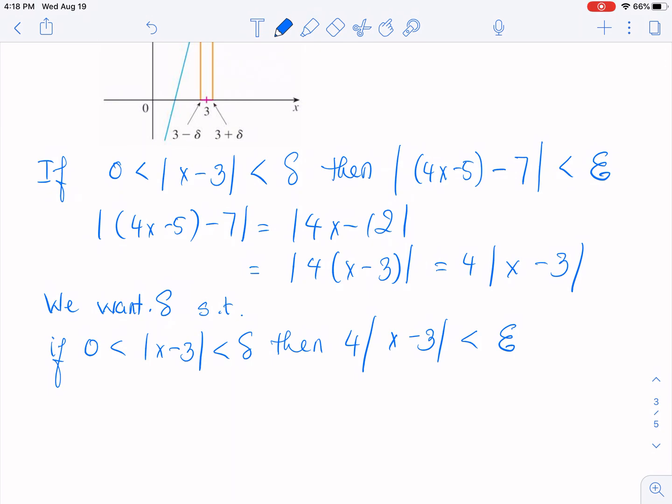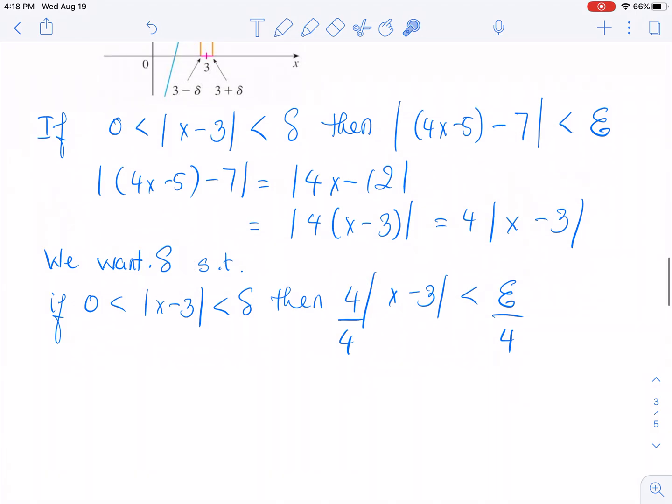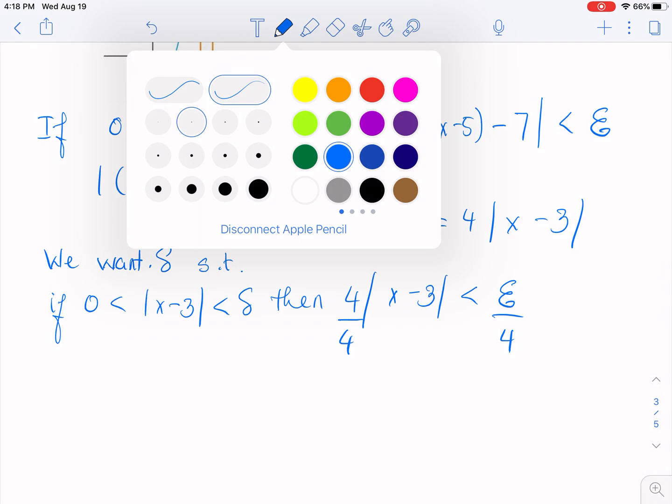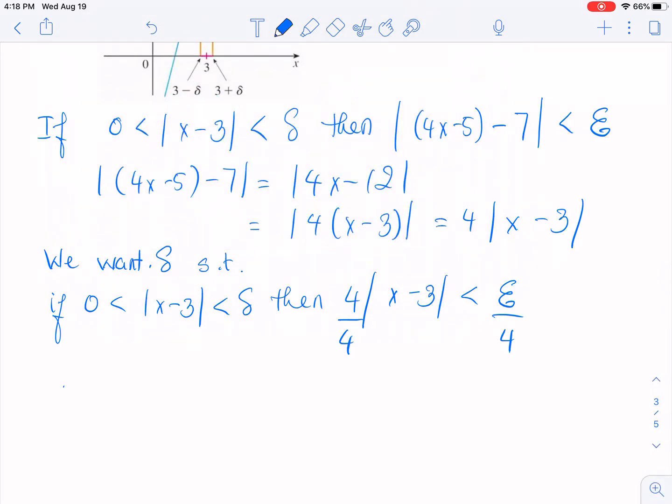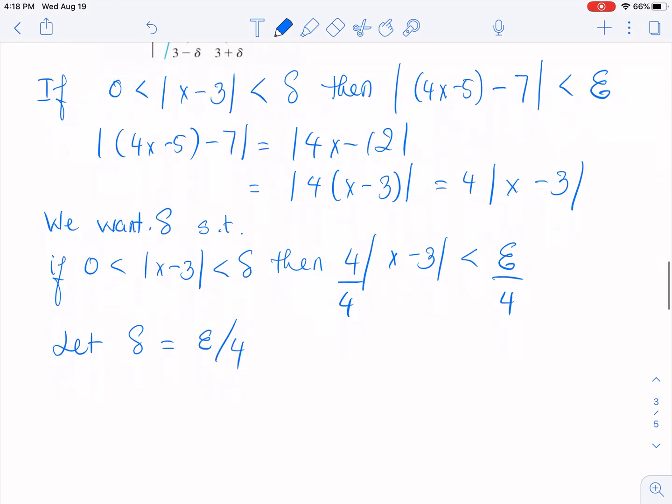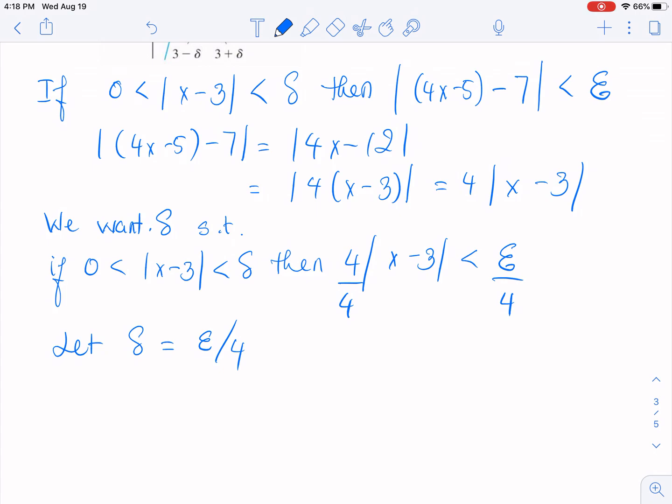So based on that, you want to choose delta to be epsilon divided by 4, because I do want to simplify it and make them the same. Okay. So let delta be epsilon divided by 4. And then from here, we just work backwards.